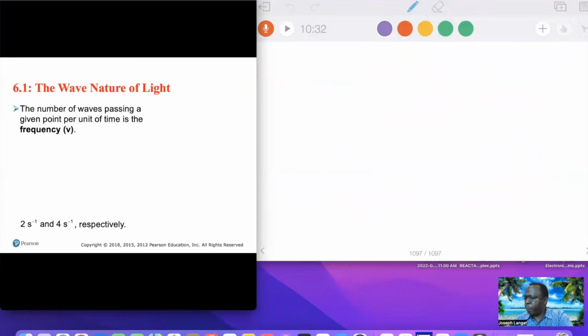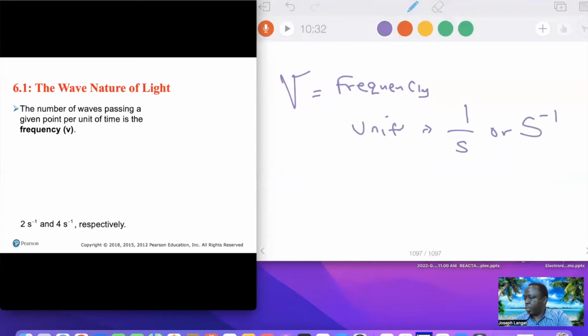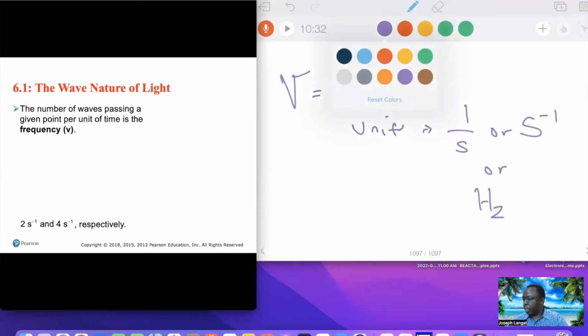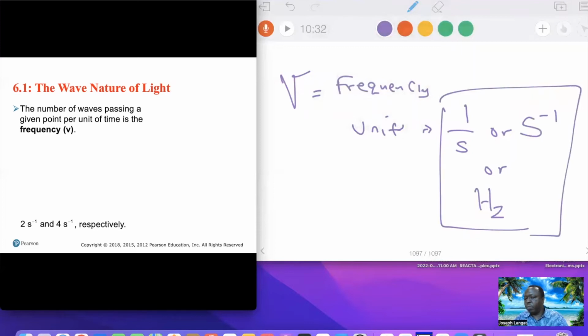Now the units are given in per second, or hertz, which is the same thing. They all represent the unit for frequency. You can change using the abbreviations we learned earlier, megahertz, gigahertz.